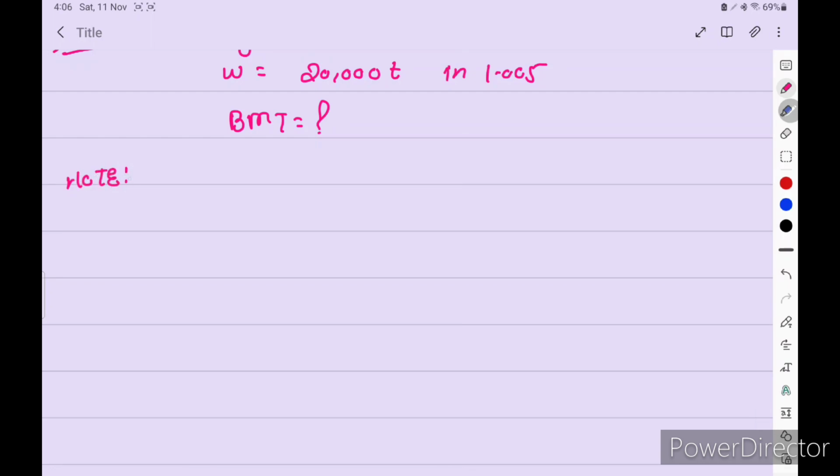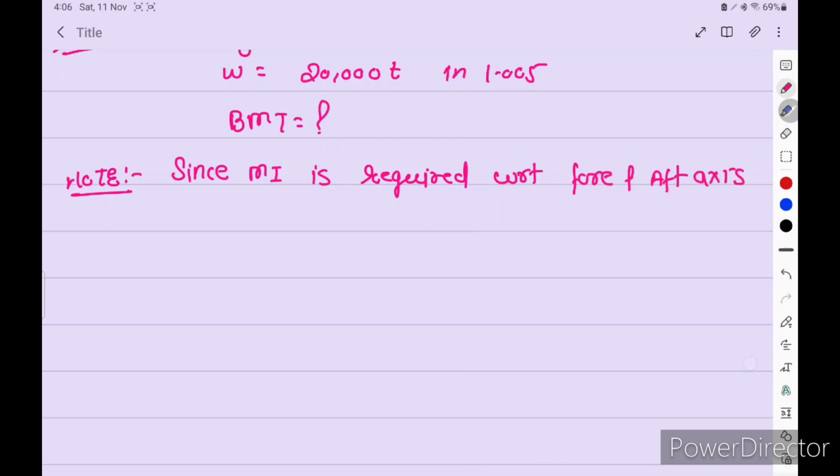Note for this, since moment of inertia is required with respect to fore and aft axis through center of rotation, we convert to half breadth and then double.